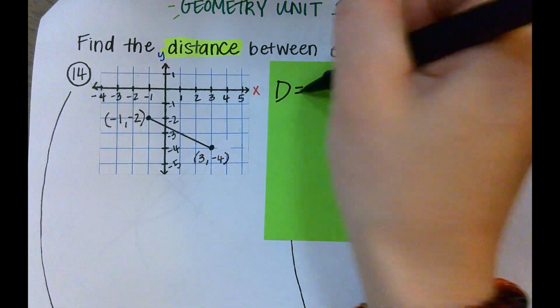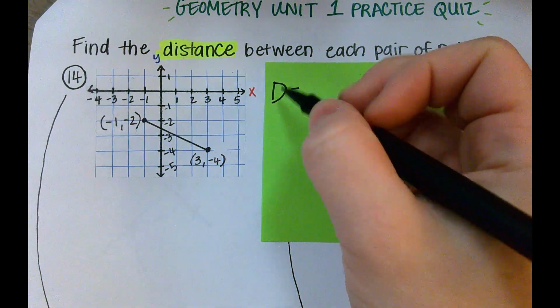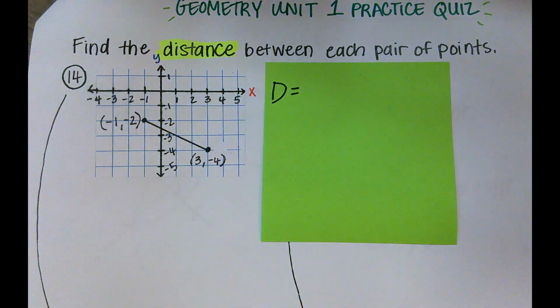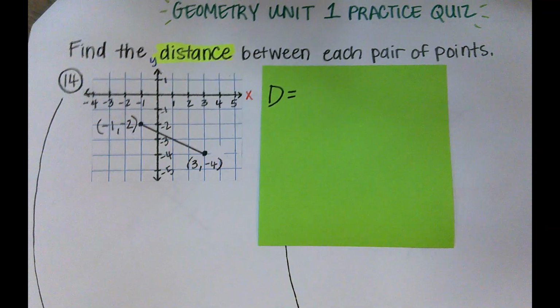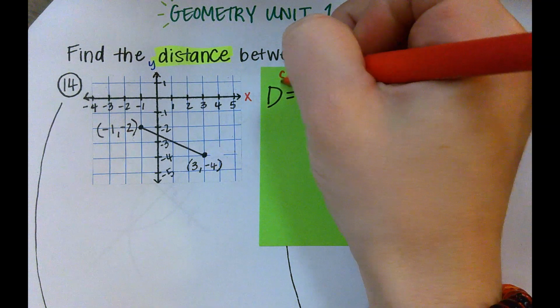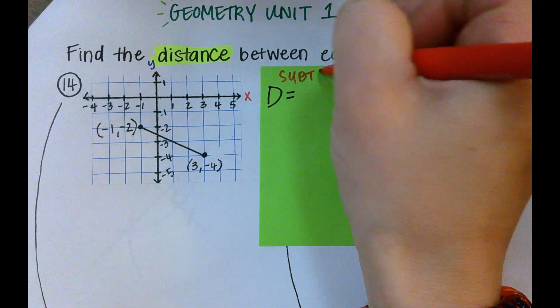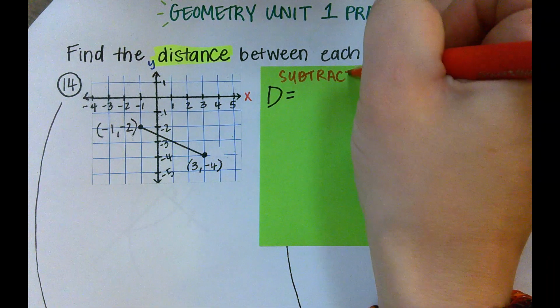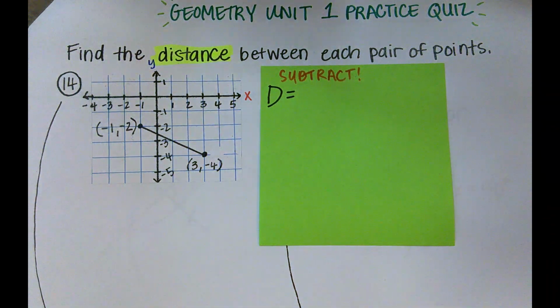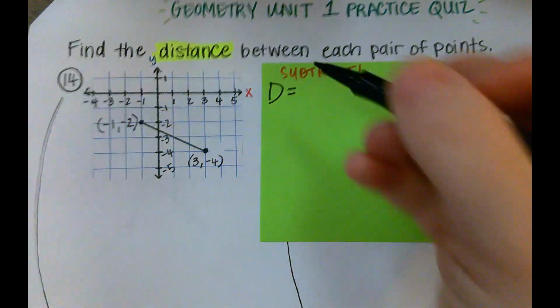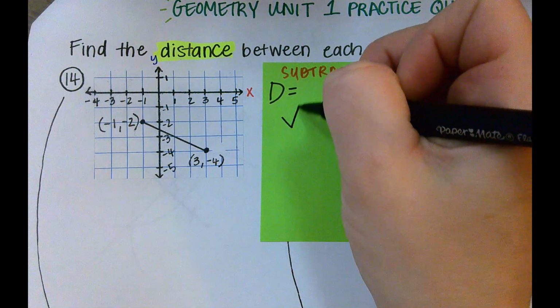Now remember, distance is the one where we are subtracting the x1 and x2, y1, y2. So we need to make a note of that. All right, subtract up here, and we have a big square root.